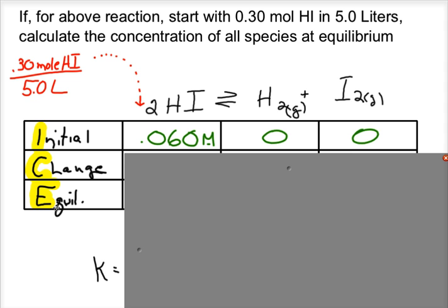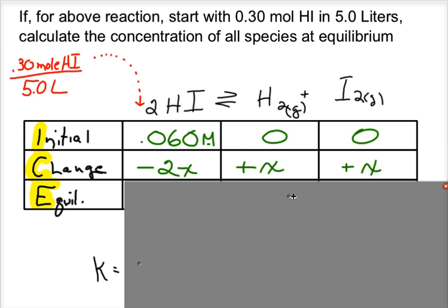For this problem, we're given K. So given K, we're trying to calculate the concentrations at equilibrium. Well, what we don't know is how much change occurs. So we'll let X be our variable. Since there are no products, the HI has to decrease. So we're going to subtract our amount of HI and add to our amount of hydrogen and iodine.